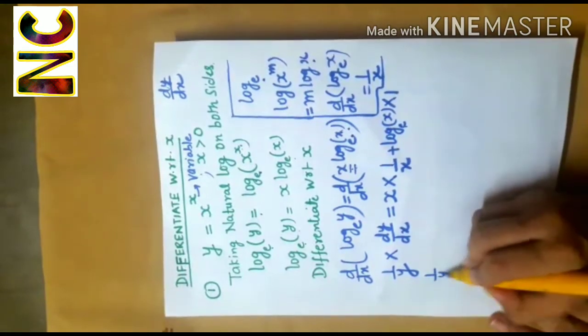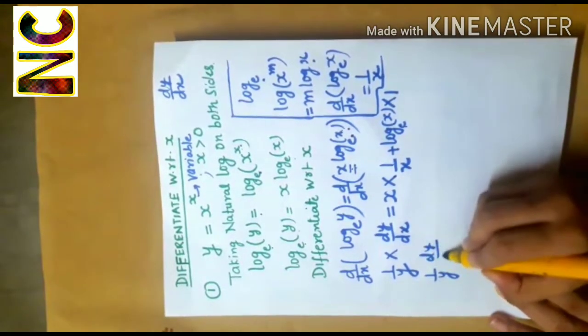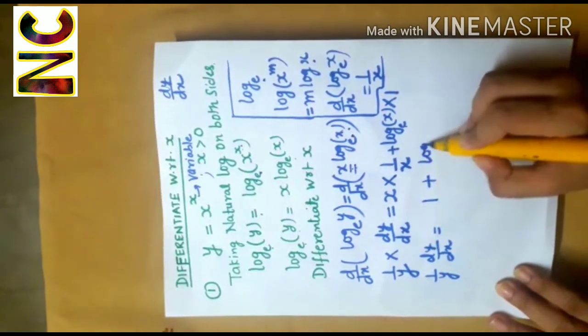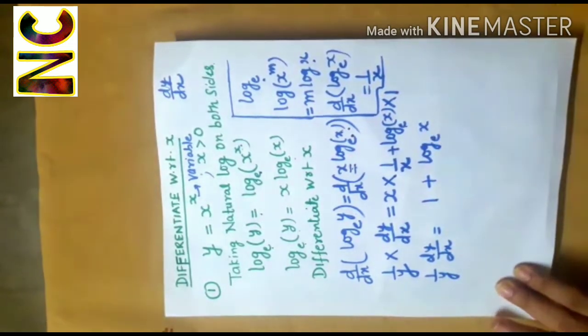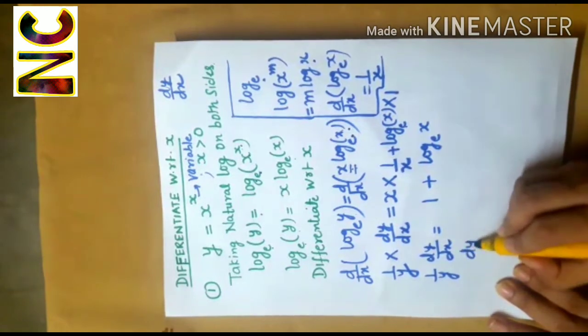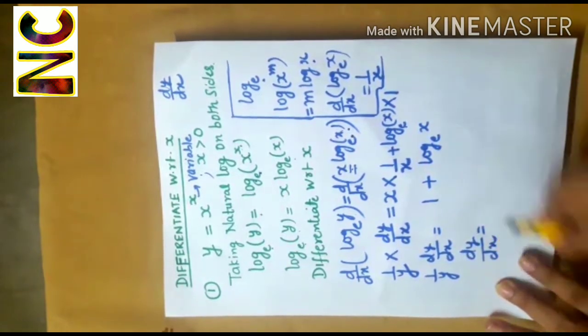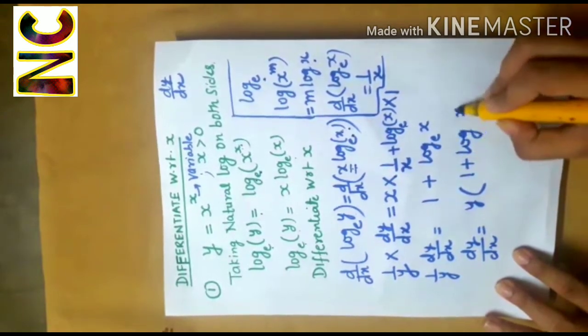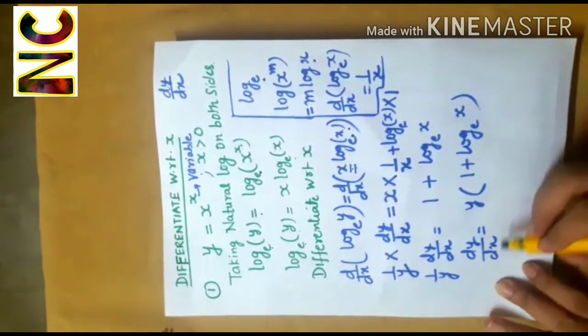So I get 1 by y dy by dx is equal to 1 plus log x to the base e. So from here, dy by dx is y into 1 plus log x to the base e.